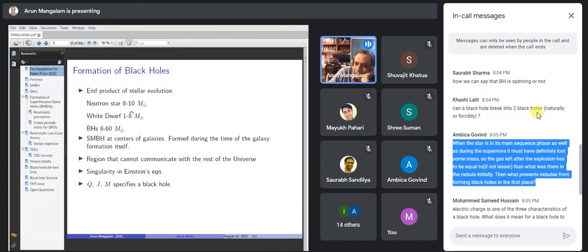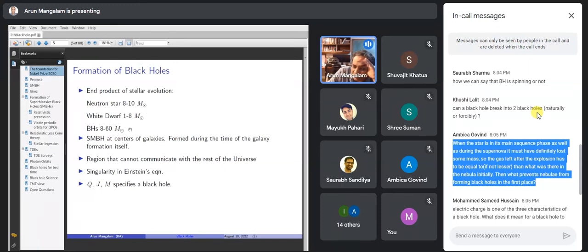A white dwarf, which is at maximum 1.5 solar masses, depends on what kind of white dwarf it is, but typically 1.5 solar masses, you would have to start with some 8 solar masses. So the planetary nebulae will consume about 70% or 80% of the gas of the shell. The shell part will be about 70 to 80%, and the remaining will be in the star. I hope I answered your question.